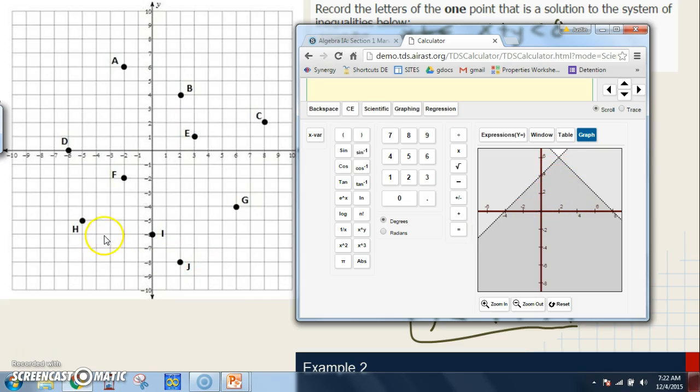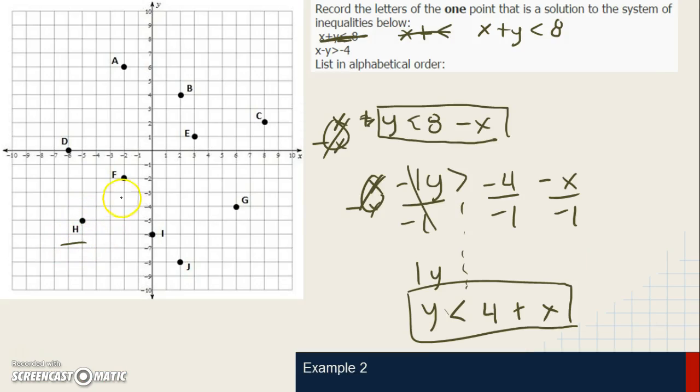So let me go ahead and underline the ones that we know are in. H is in, F is in, I was in, J was in, G was in, E was in, B was in, C was out, A was out, D was out. I'm going to list my answers in alphabetical order.